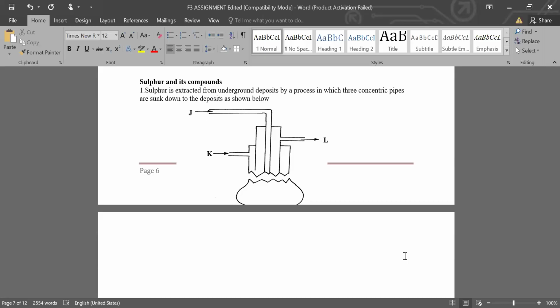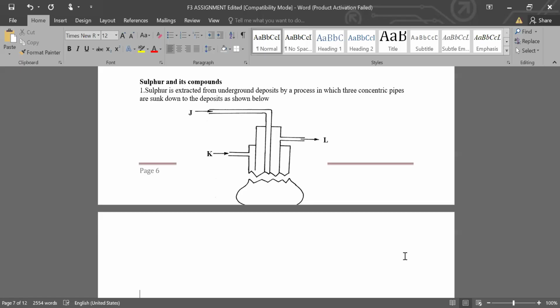This is a question on the topic of sulfur, and it is the Frasch process. This question is showing a diagram of the Frasch process. The Frasch process is the extraction of sulfur from the sulfur bed.